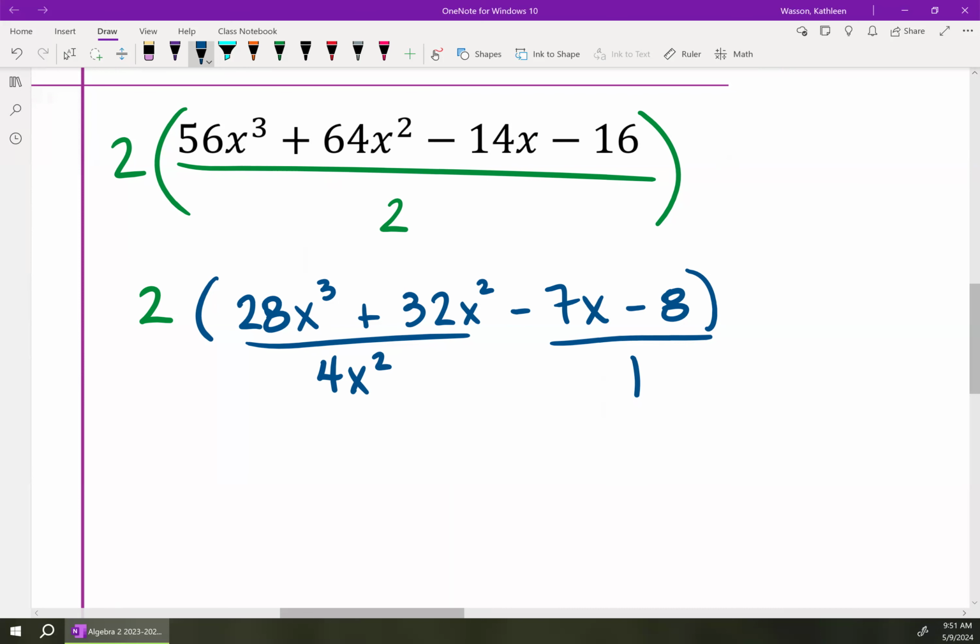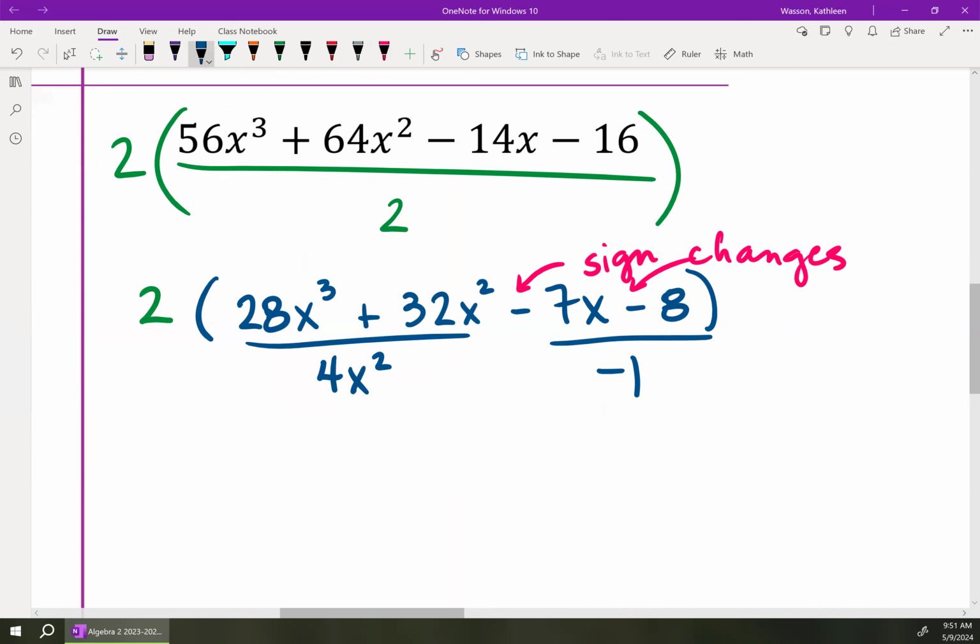We're going to actually take out a negative 1 because the 7x is negative. And that is going to change my sign right here. If I divide everything by -1, then I have some sign changes. Just be careful about that.